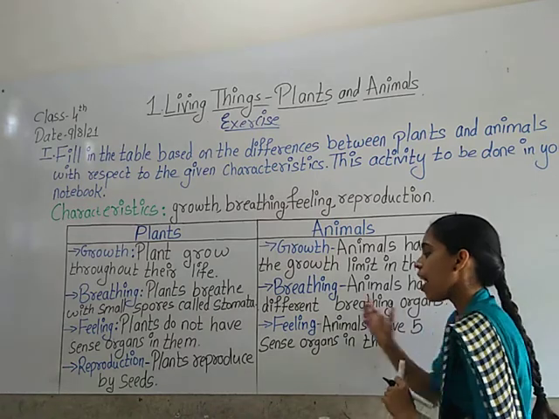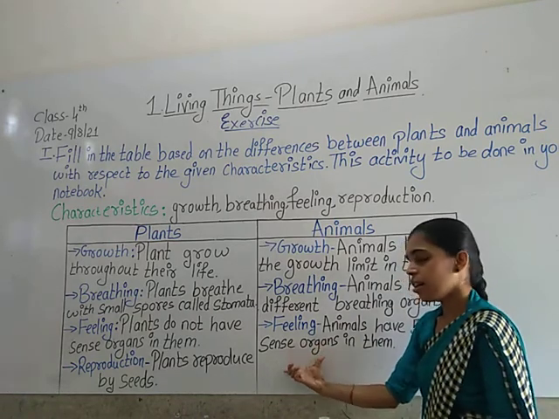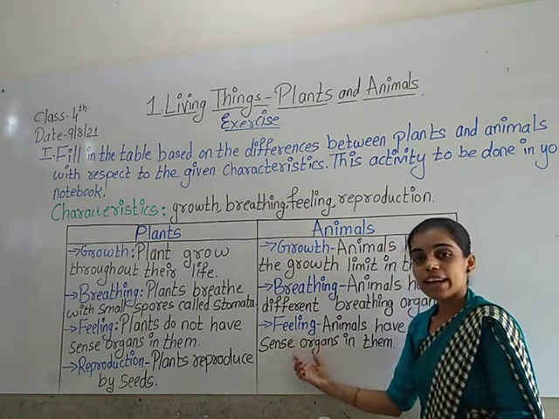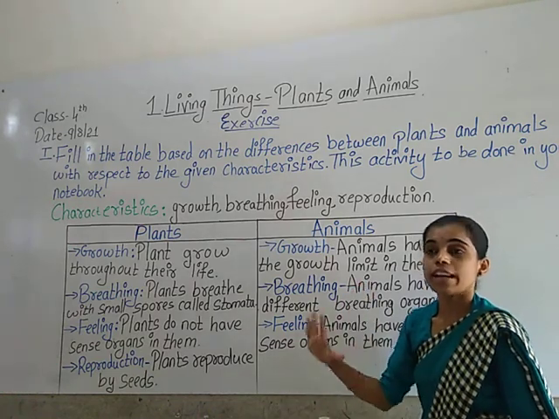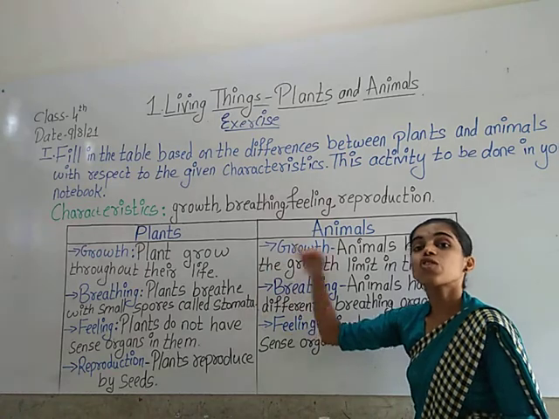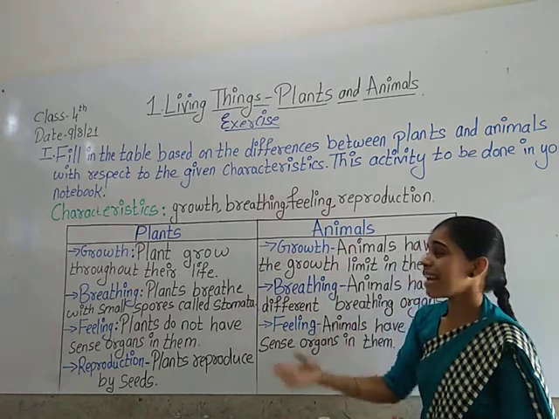And they are eyes, ear, nose, tongue and skin. These are the 5 different sense organs commonly present in animals.